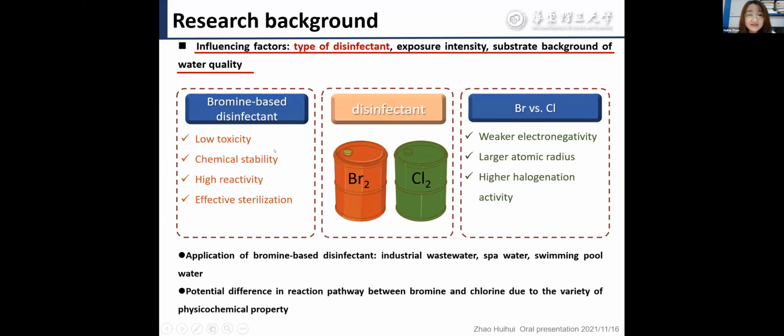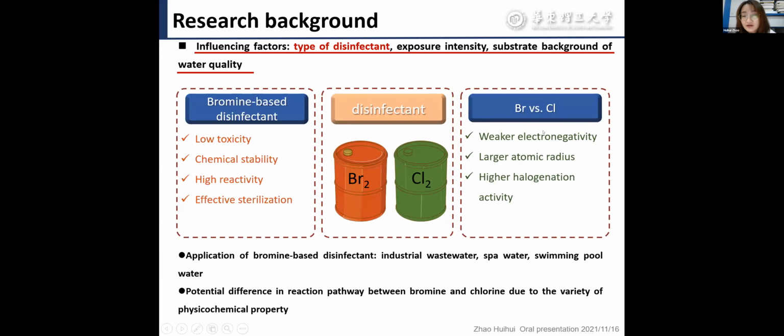Compared to chlorine-based disinfectant, the bromine-based disinfectant has lower toxicity, higher chemical stability and reactivity, and also more effective sterilization. The bromine-based disinfectant is often used in industrial wastewater, and in spa and swimming pool water treatment.